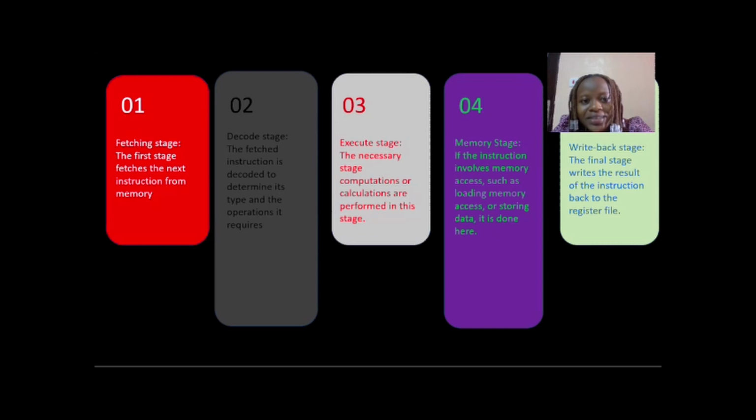The third is the execute stage, where computations or calculations are performed. The fourth stage is the memory stage. If the instruction involves memory access, such as loading or storing data, it is done here. And the fifth stage is the write back stage. The final stage writes the results of the instruction back to the register file.